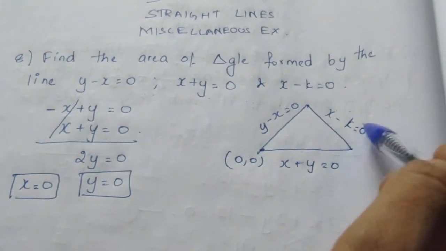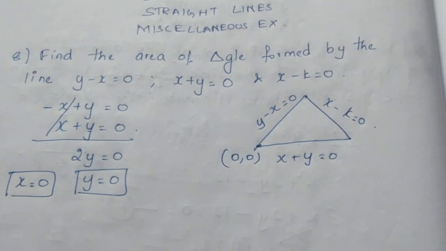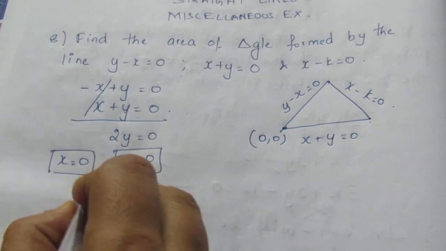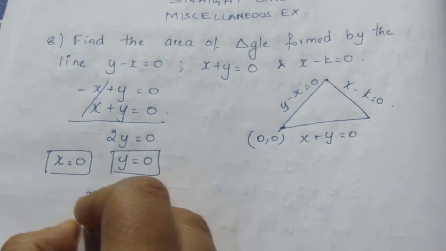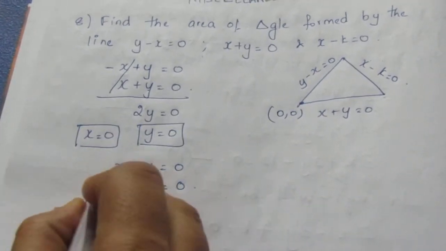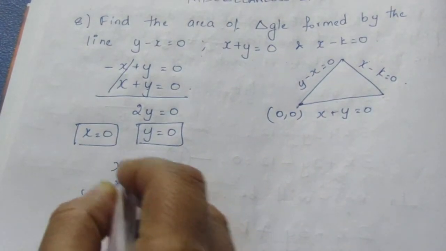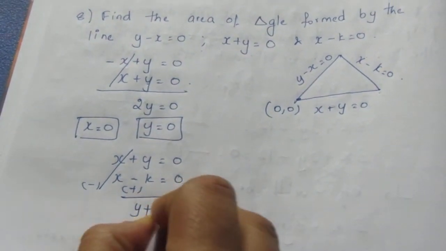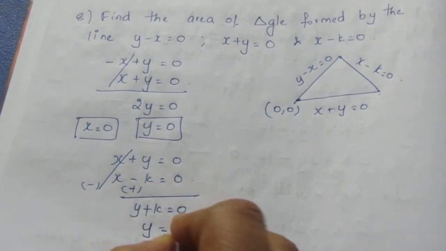In the same way, let me solve these two to find the point of intersection. Now x plus y equal to 0, x minus k equal to 0. Here if I change the sign, this gets cancelled. Here y plus k equal to 0, then y will be equal to minus k.